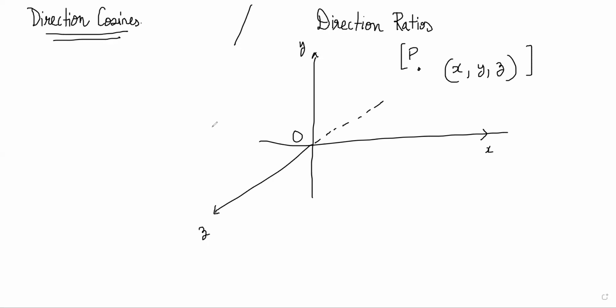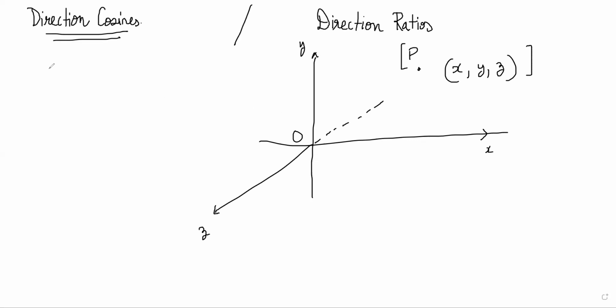So it's basically the cosine of the angle between the vector and the coordinate axis. So that vector, you can take as x i cap plus y j cap plus z k cap.